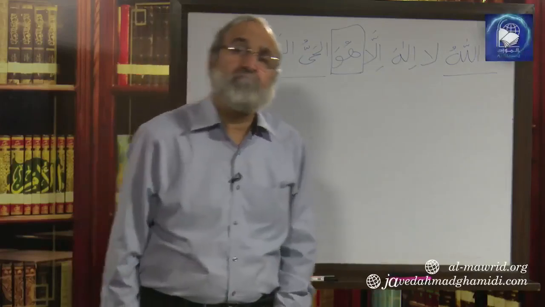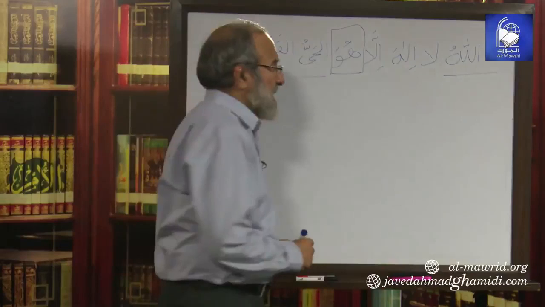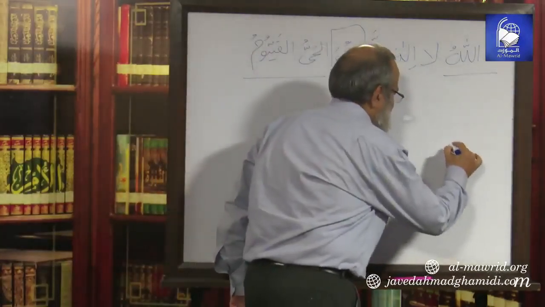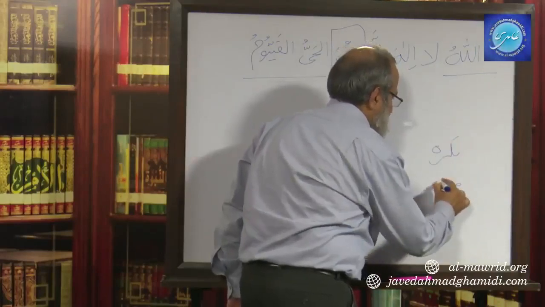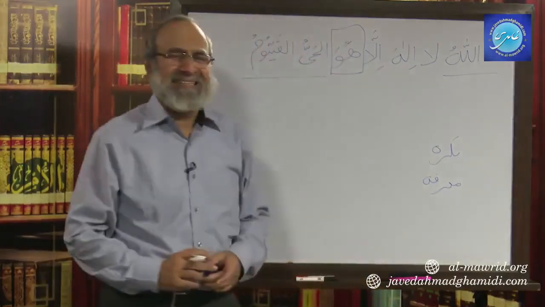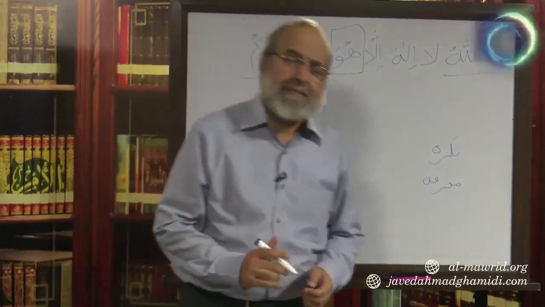Proper noun, by the way, is called marifa, and common noun is called nakira. So why are al-hayy and al-qayyum not nakira, which is the common noun? Instead, it's marifa. Why is it marifa? Because it's taking alif lam before the word begins.